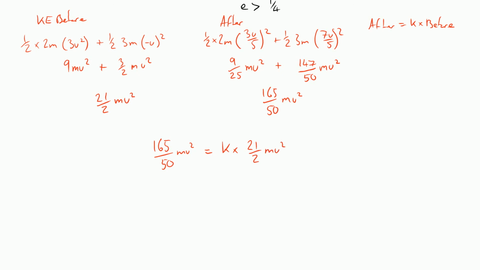The mu squareds are going to cancel out, and I've got 165 on 50 divided by 21 on 2, which is equal to my value of k, which I believe comes out to tell me that k is going to be 11 over 35.